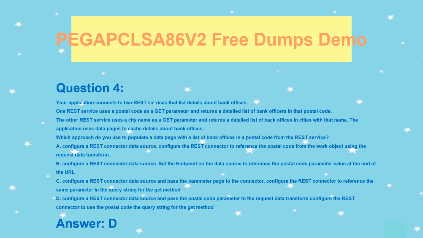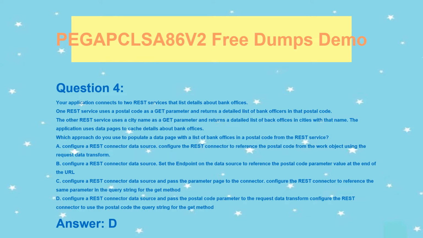The other REST service uses a city name as a GET parameter and returns a detailed list of bank offices in cities with that name. The application uses data pages to cache details about bank offices. Which approach do you use to populate a data page with a list of bank offices in a postal code from the REST service?